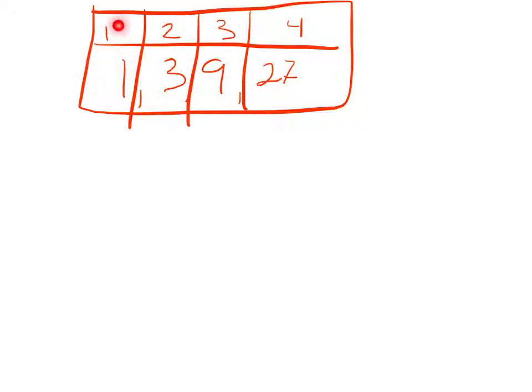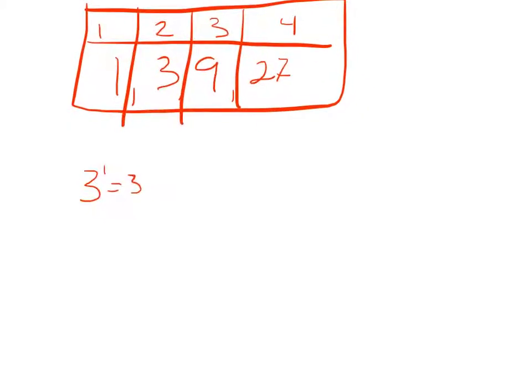So I can look up here and I can look at, well, let's write it down here. 3 to the 1 would equal 3, but I don't have a 1 up above the 3. I have a 2 up above the 3. So how could I do that? I could subtract maybe 1 from the exponent.